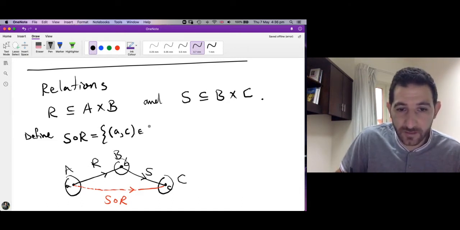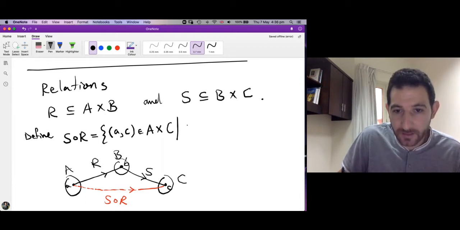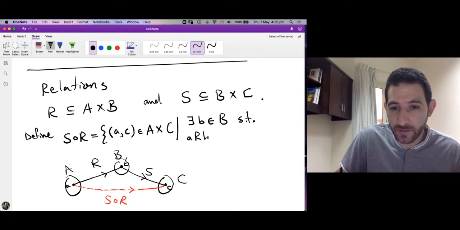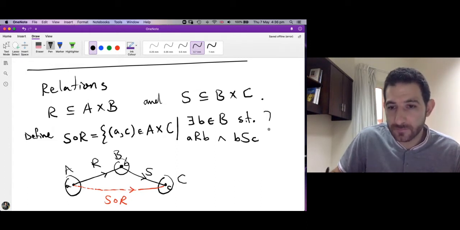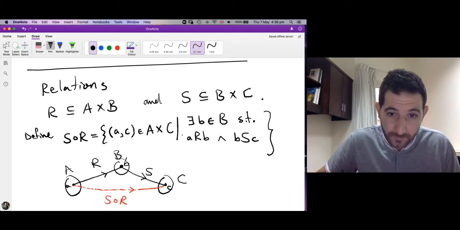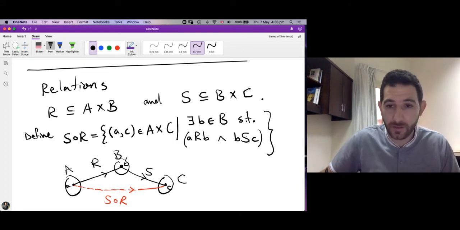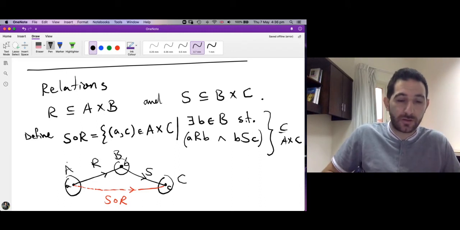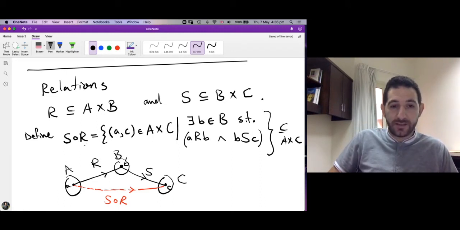So this is an element of A cross C, such that there exists some intermediate element B in B, such that this A is related to B by R. Okay, so this is B, and the same B is related to C by S. And notice that this is a subset of A cross C. So this means that S composed with R, or S after R, is a relation from A to C. Again, what is this relation?